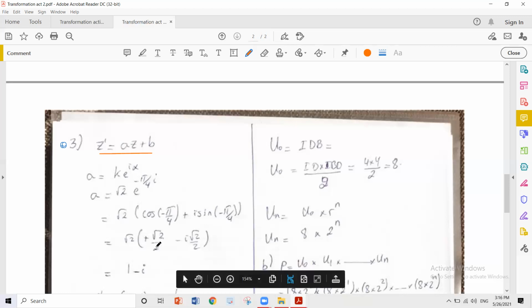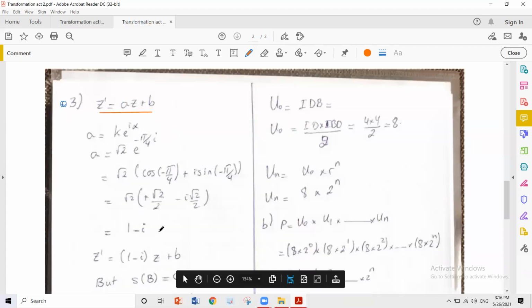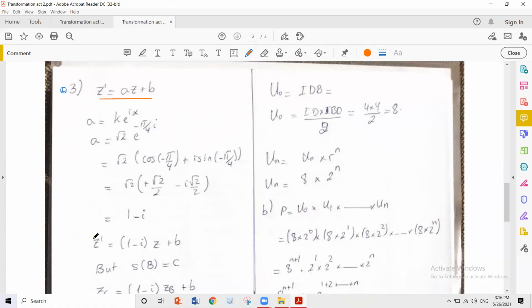Cosine minus pi over 4 is radical 2 over 2. Sine minus pi over 4 is minus radical 2 over 2 i. We get 1 minus i. So Z prime equals 1 minus i Z plus b.